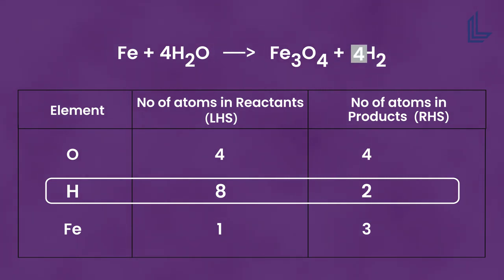Now what this will mean is that there are 4 molecules of hydrogen present in this reaction. Again we have 8 atoms of hydrogen on the reactant side and 8 atoms of hydrogen on the product side. So that's again fairly balanced. As you can observe in this reaction, hydrogen and oxygen are 2 elements which are balanced now.